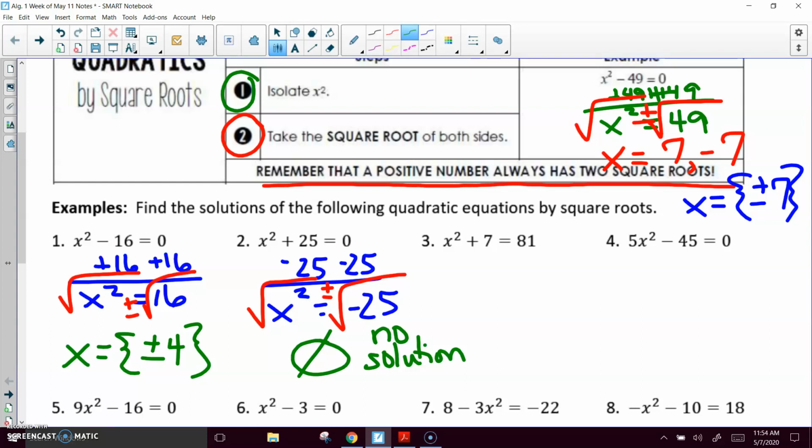Number 3, this may seem confusing because it has an equals 81, but all I need to do is focus on step 1, get the x squared by itself. To isolate the x squared, we subtract 7 from both sides. That gives me x squared equals 74.